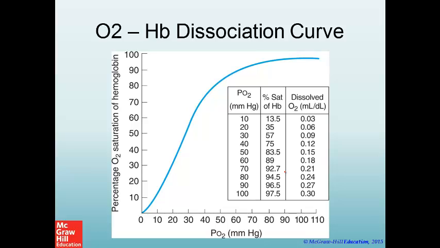So here we have this binding curve for hemoglobin with oxygen, dependent upon the concentration of oxygen in the plasma, the PO2, how much dissolved oxygen there is. And you can see at a normal arterial level, normal arterial PO2 is 100 millimeters of mercury, 97% is going to be saturated.